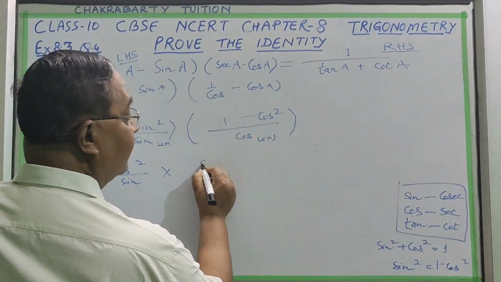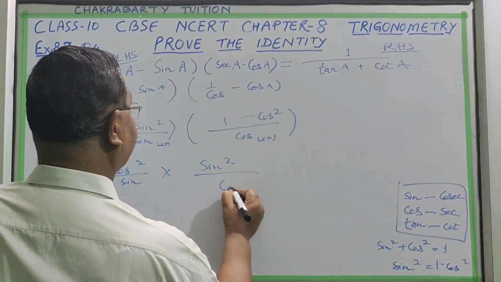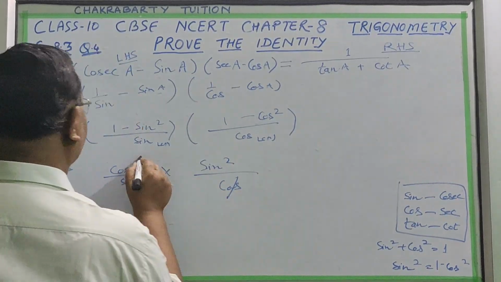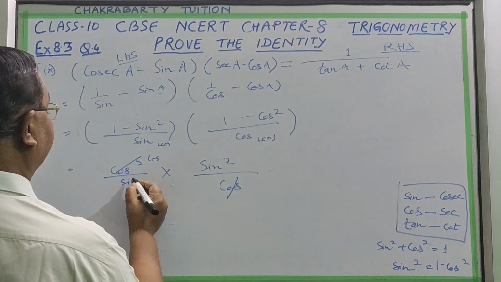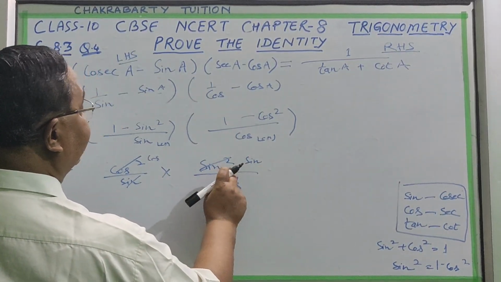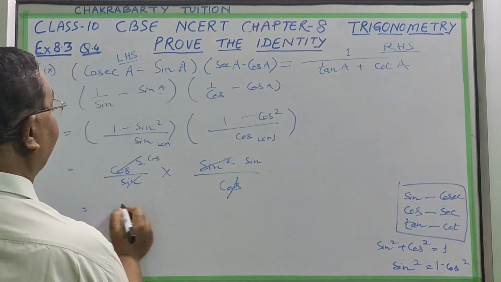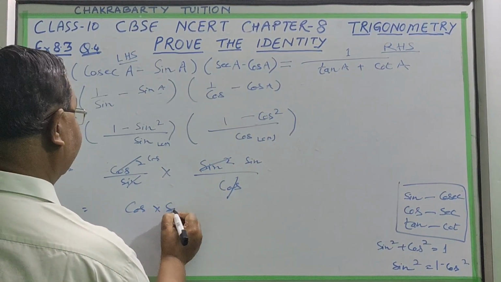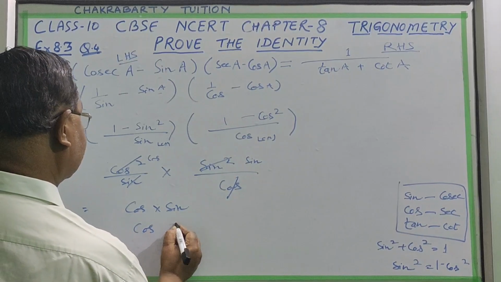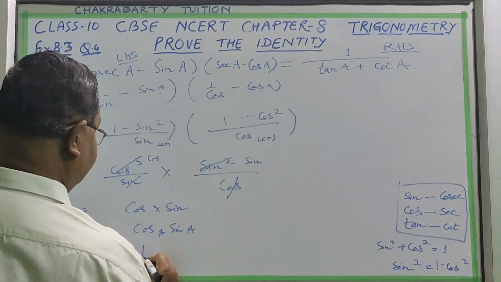So here we can write sine square upon cos. Now this cos, if you cut it, cos will remain. This sine, if you cut it, sine will remain, because it is sine into sine. Square is there, so it means sine into sine. So what is remaining? Cos into sine is remaining. Cos A sine A. This is remaining in your LHS.